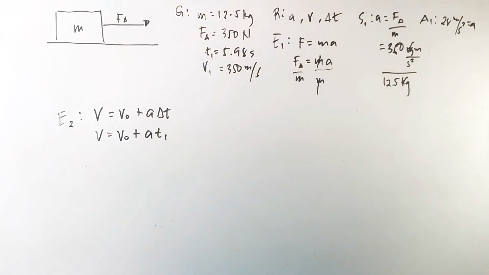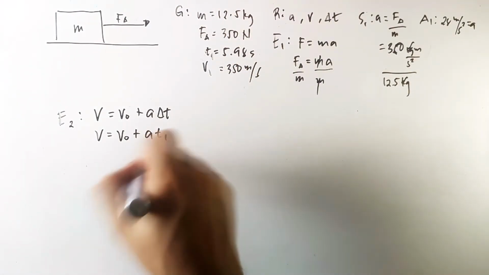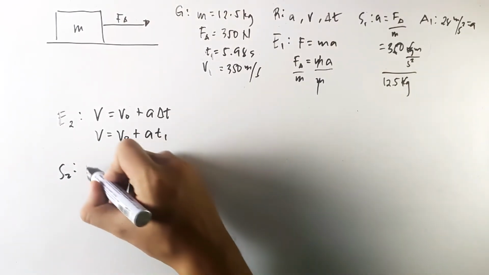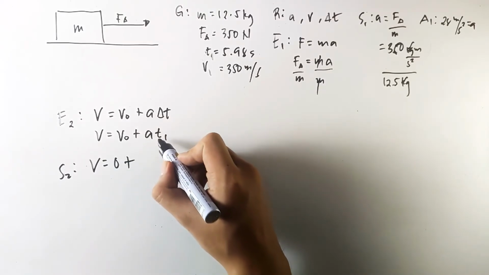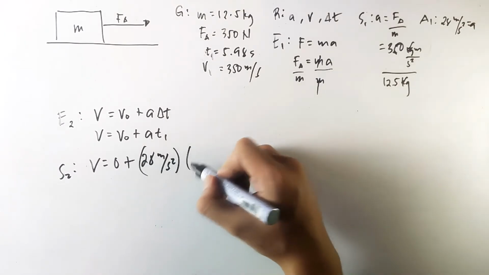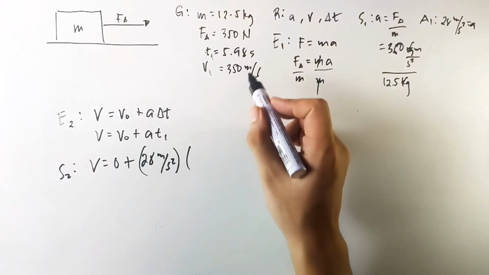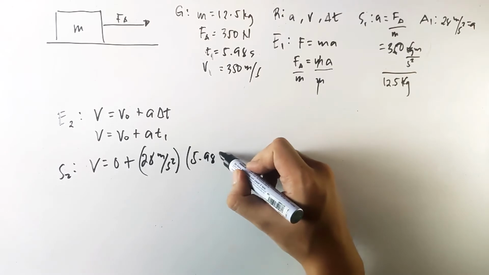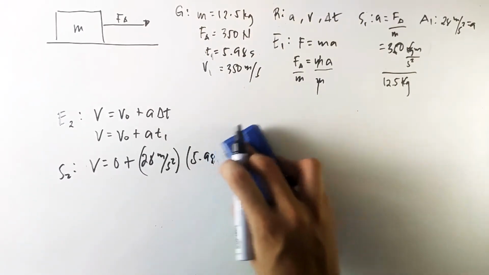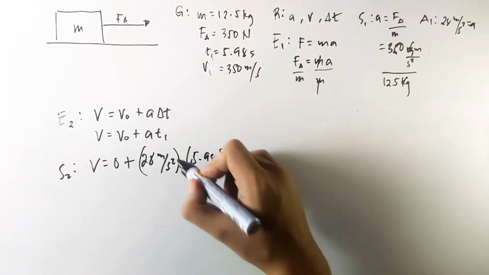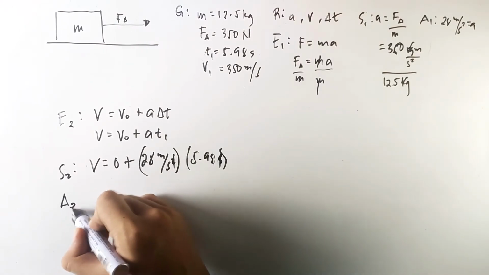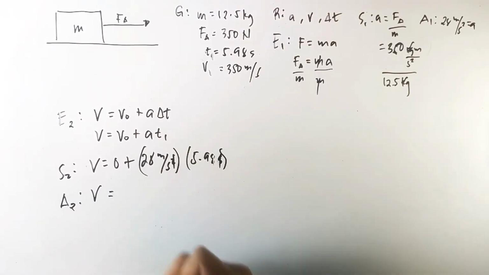So let's find v. This is 0 plus 28 meter per second squared, multiplied by the time from the given, 5.98 seconds. Cancel the units, so you're going to have meter per second as the remaining unit.